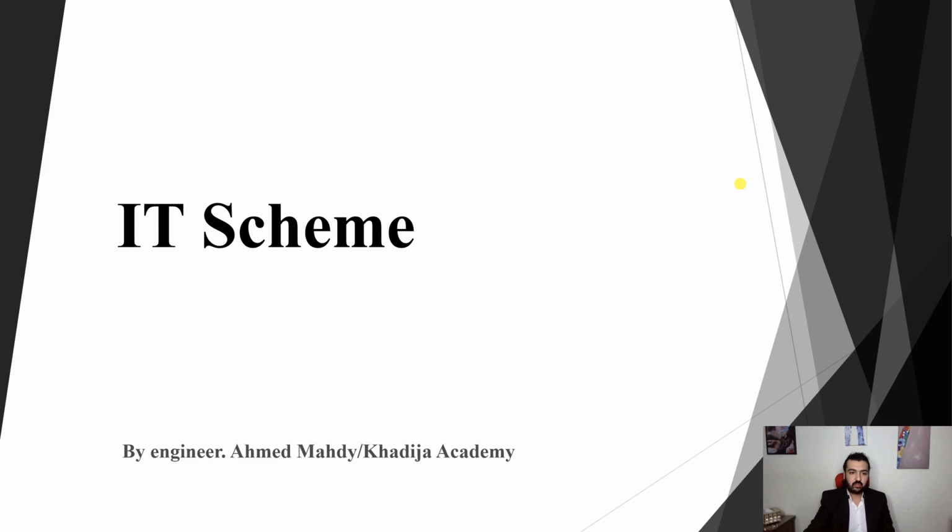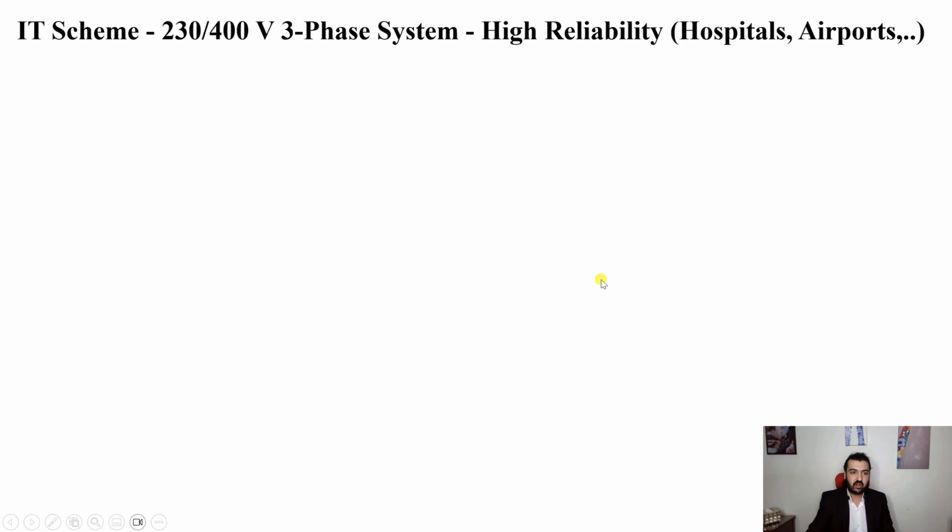So let's start by understanding what exactly the IT scheme is and how it is gonna help us. This type of earthing system is used in places in which we would require high reliability, like hospitals or airports. For example, in hospitals, there is a patient on a medical device or equipment.